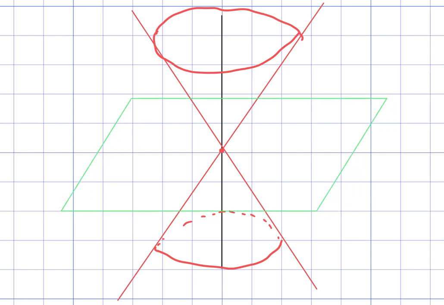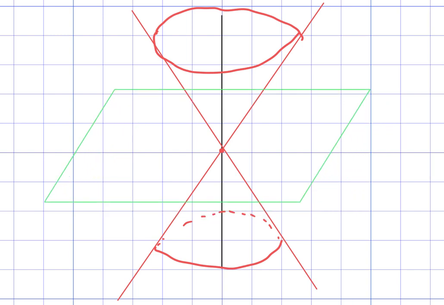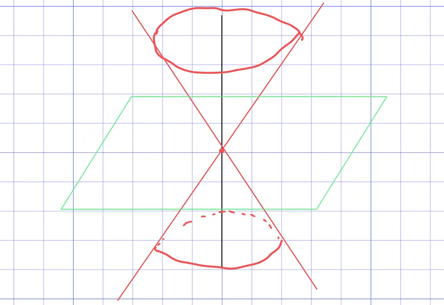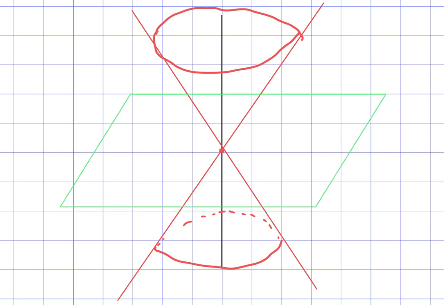Pretend that this plane is floating around in space. It's hard because we're just visualizing space. If it intersects right here, at that point only, coming across and cutting at that one point, and it can be at a lot of different angles, it creates a single point.